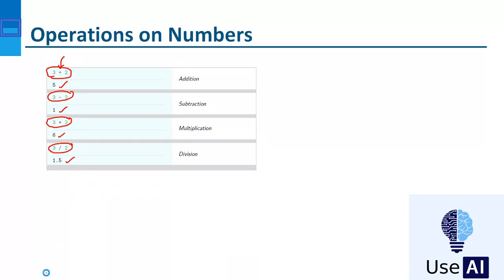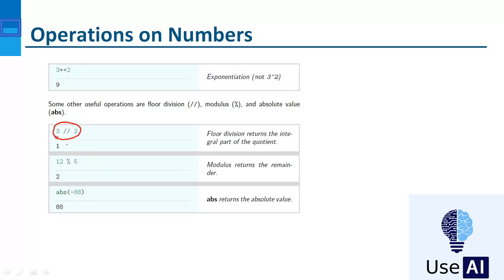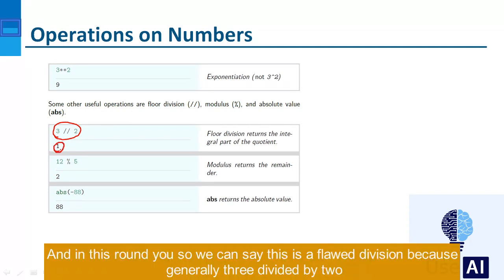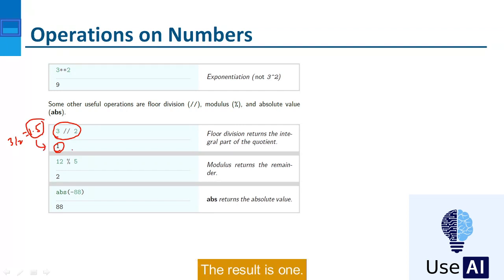Okay, and there is another operator, 3 double slash 2. This is different from single slash because this will produce an integer value. So we can say this is floor division, because generally 3 divided by 2 result is 1.5, right? And we are applying floor on this 1.5, the result is 1.